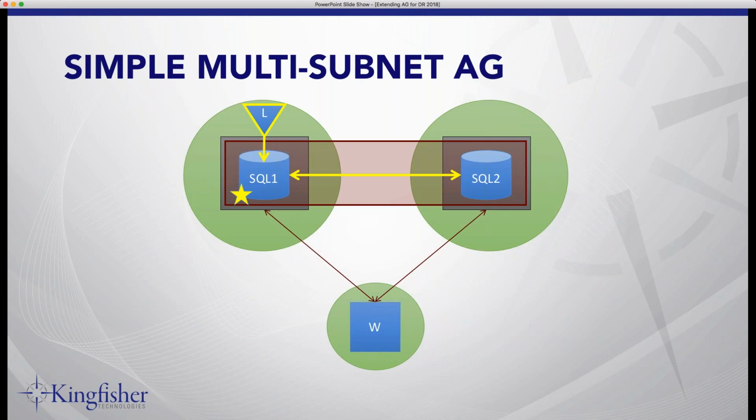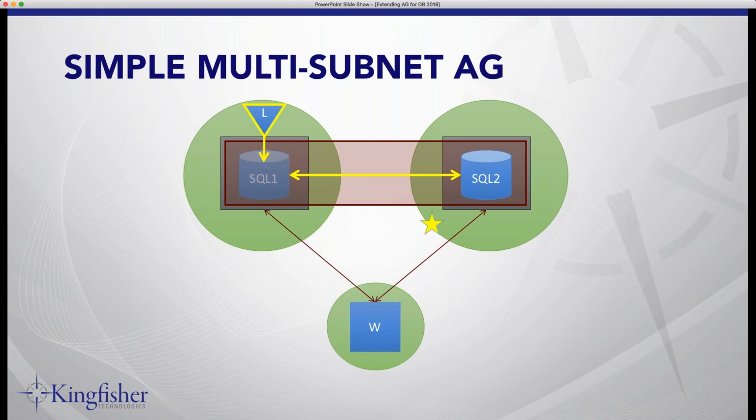So a simple multi-subnet AG, like we'd use for disaster recovery, would have the 2 nodes in completely separate data centers, separated by any amount of distance. We're going to have the listener pointing at one, the listener will eventually point at the other one. And then you have the witness, possibly even in a 3rd data center. We'll talk about where to put that witness in a little bit.